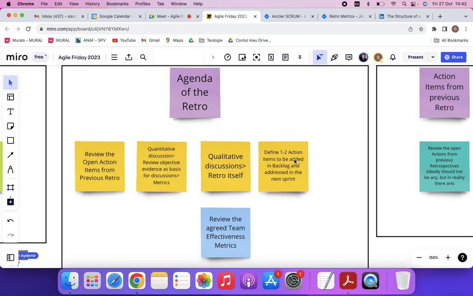The best situation I reached was that they even facilitated the retro on their own, and I was only assisting to support if they needed. That's the most mature level of a team from this point of view, where they facilitate on their own, they define actions and they track them. But until we reach there, they have to understand that these actions are for them.